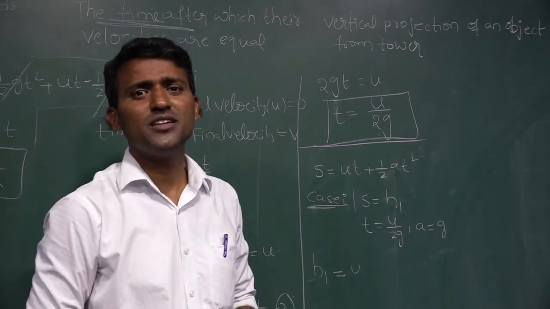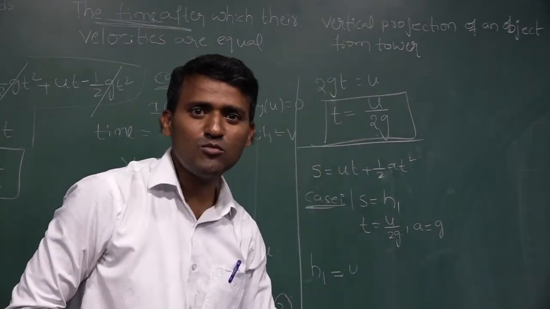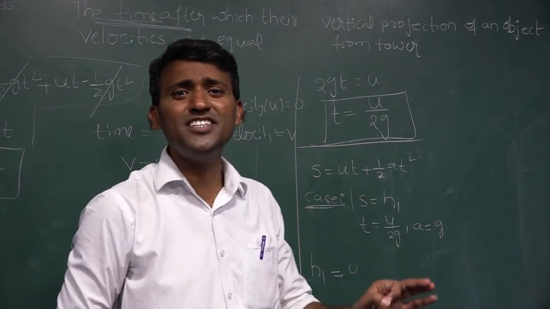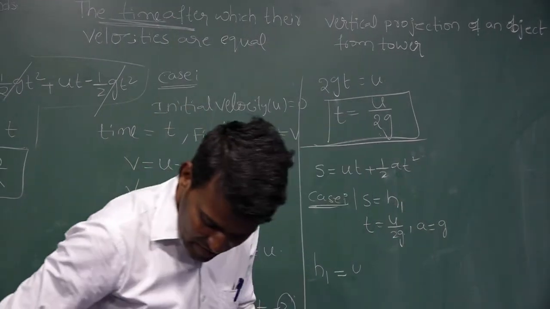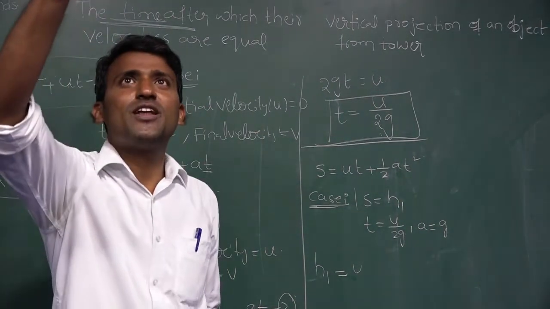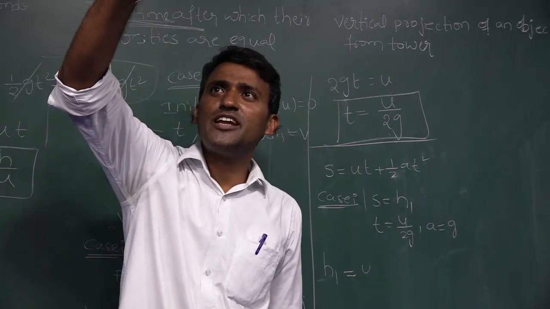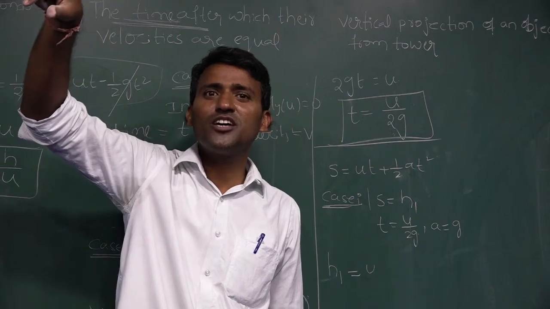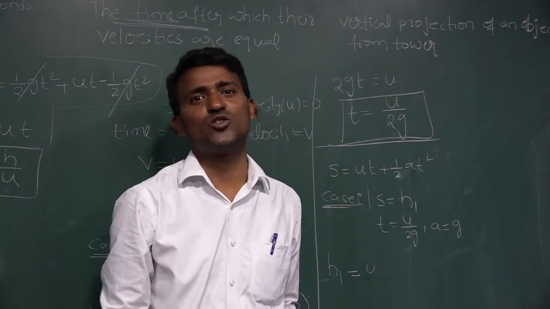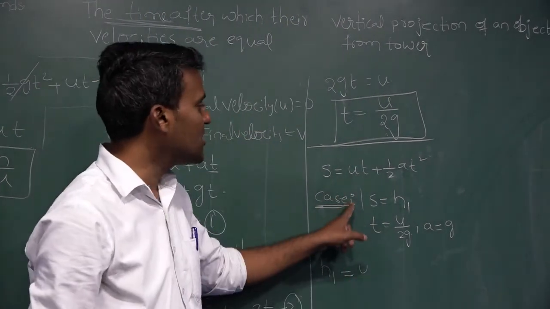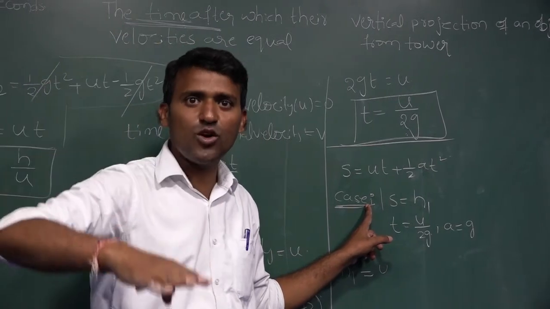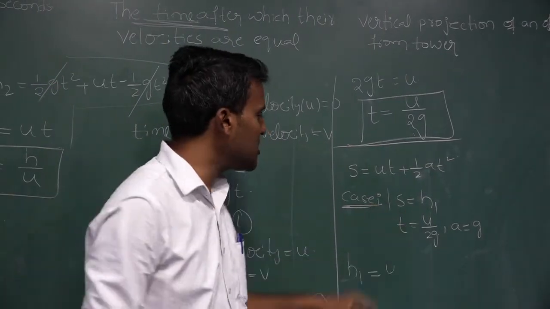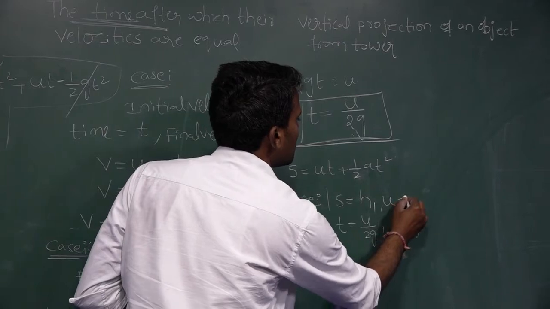You know very well, children. When the object is freely falling, the initial velocity of the body is 0. I am not applying any force, I just leave it. With initial velocity 0 only, it is accelerated downward. So in case 1, the object is freely falling, so initial velocity u is equal to 0.